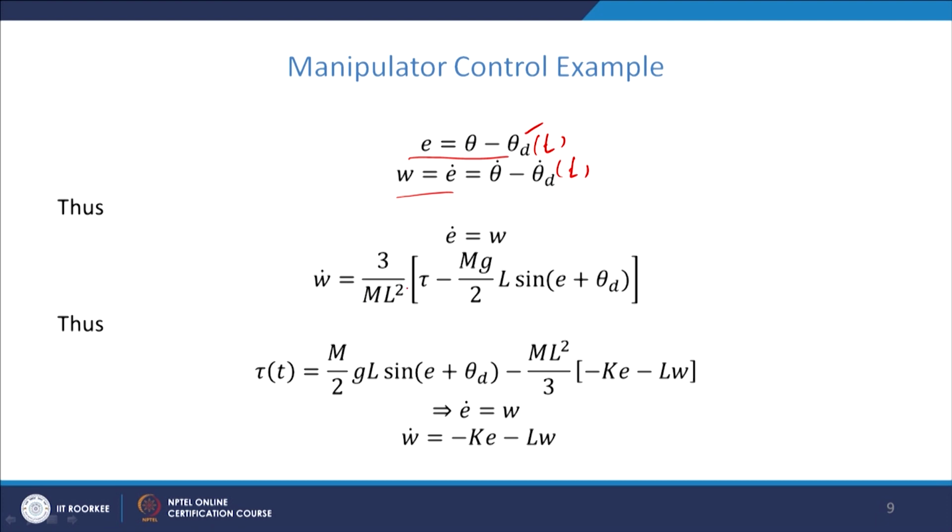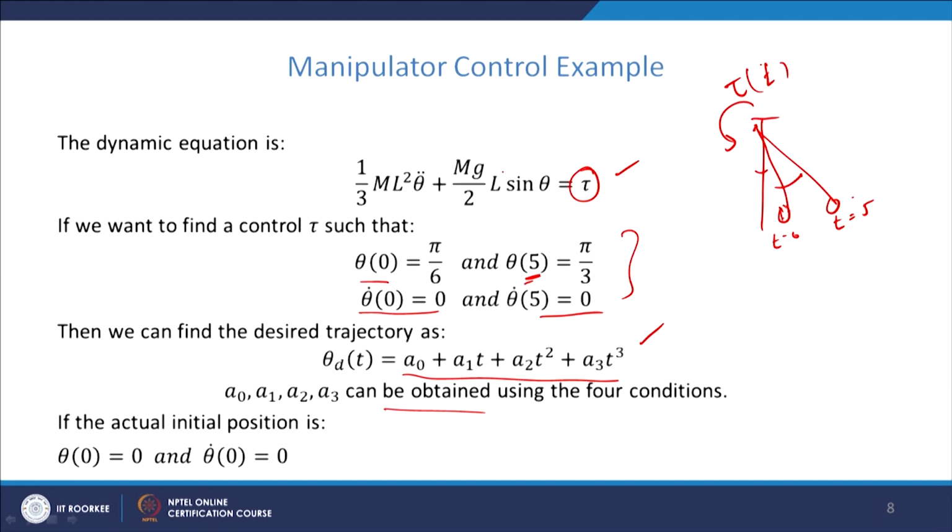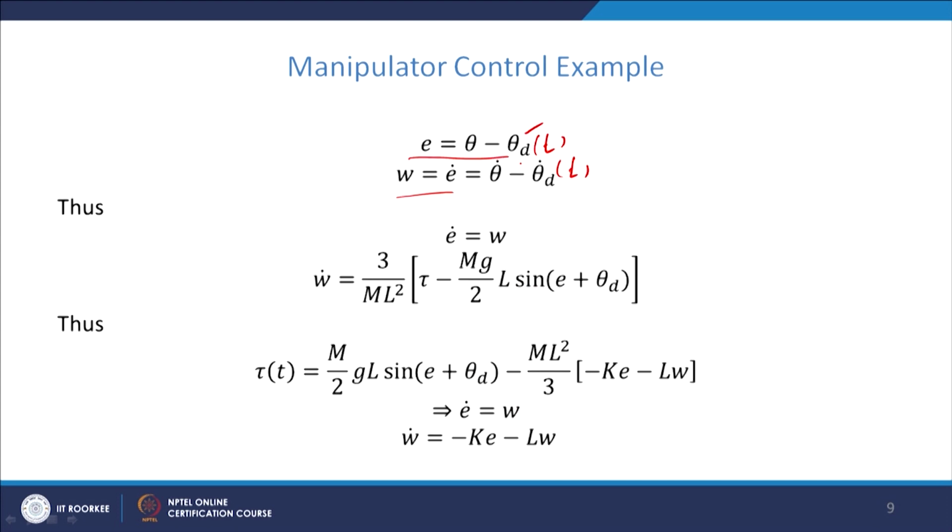W dot is nothing but theta double dot. Theta double dot, from this equation, we can get it is tau minus m g L sin theta by 2, etc. So, we can easily calculate from that expression.